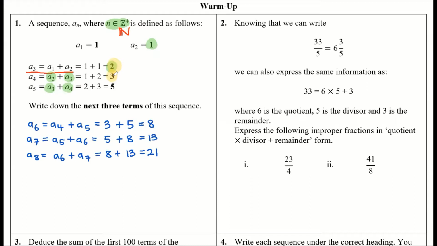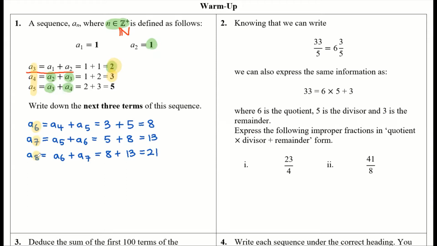Now you'll notice the pattern. Notice that the subscript for the sequence term is 3, 4, 5. It's increasing by 1 each time as we're generating more and more terms of the sequence. So we're going to have 6, 7, 8 to continue that.